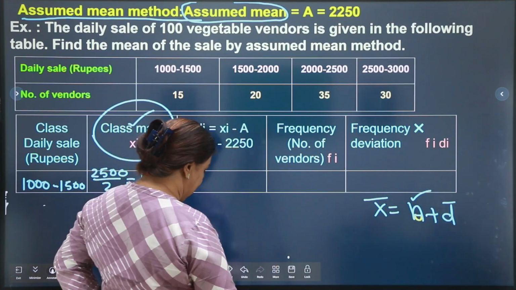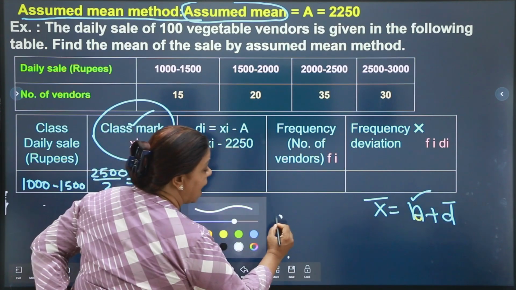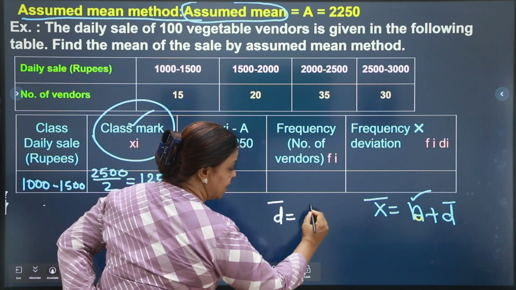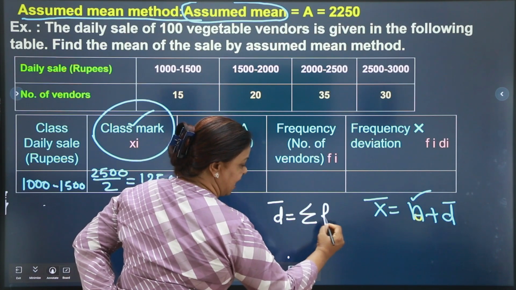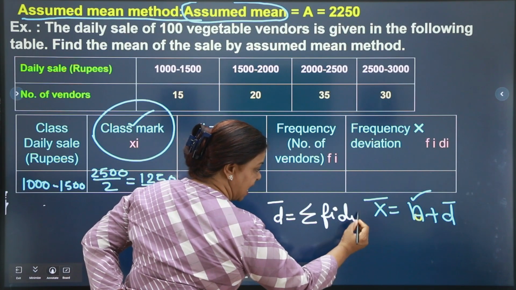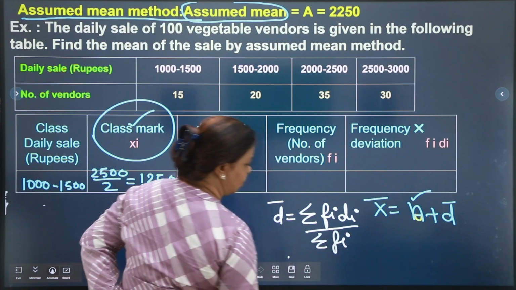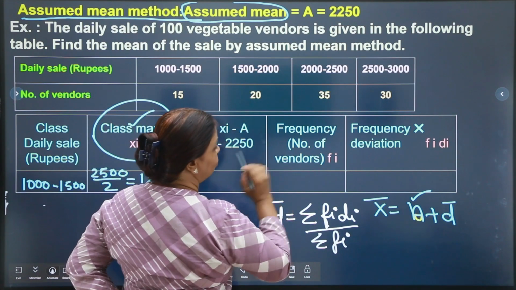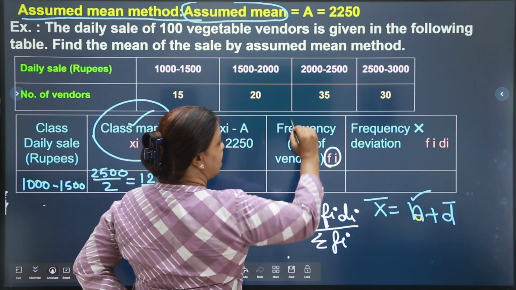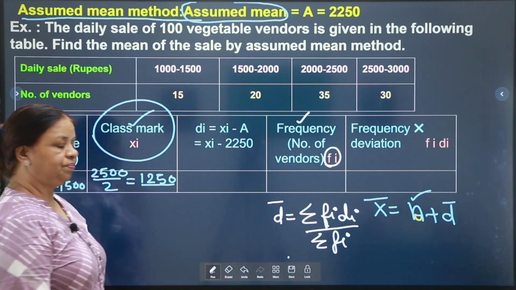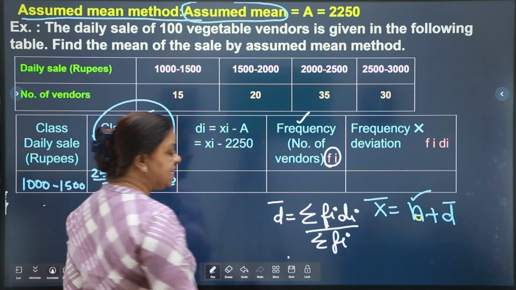Okay, we got a. But what about this d bar? D bar is equal to summation of fi di upon summation of fi. Fi we know, it is the frequency, and therefore we need to have that column. But what about di?